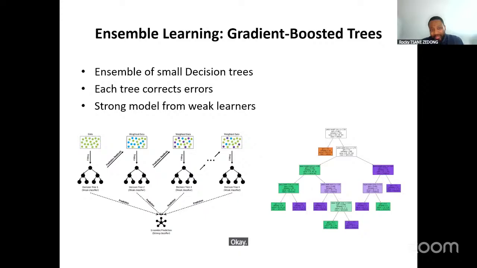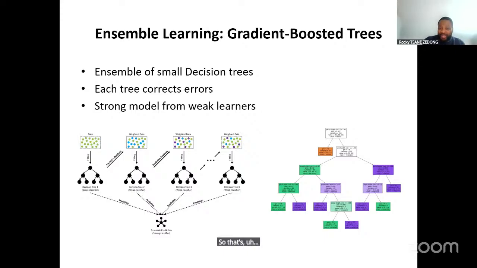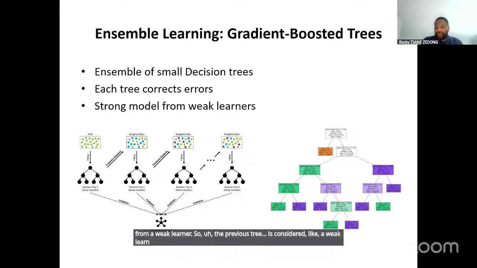The GBM is an ensemble of small decision trees, where each tree corrects the errors of the following tree that will be created. That generates a strong model from weak learners. The previous tree is considered a weak learner because it generates some errors, which are then used to optimize the model.